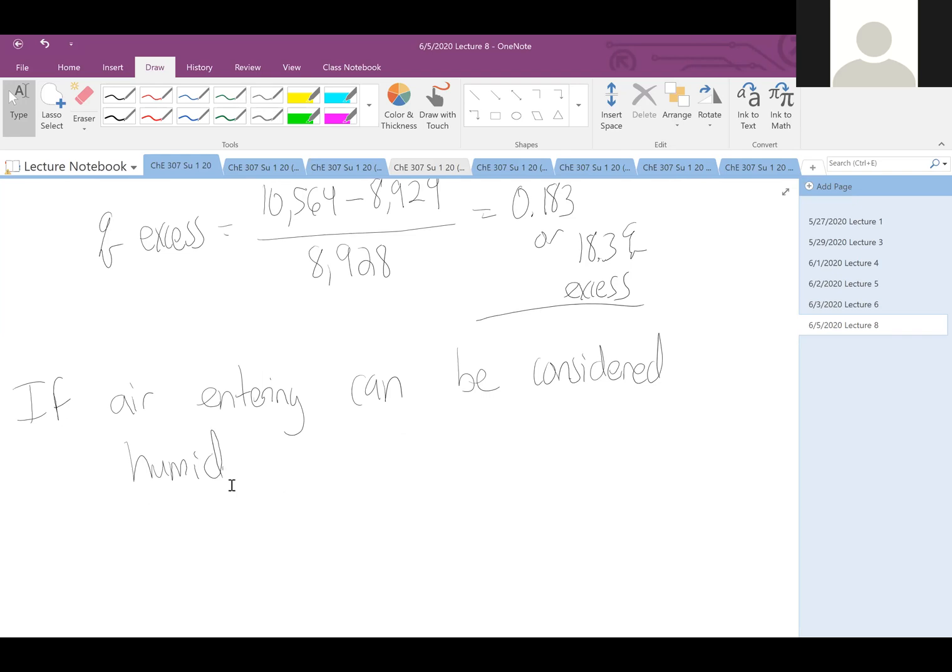So what are the implications of having humid air in our process? Let's say the air entering can be considered humid, even though this is probably not very humid. And let's say 7 mole percent of that air is now water.